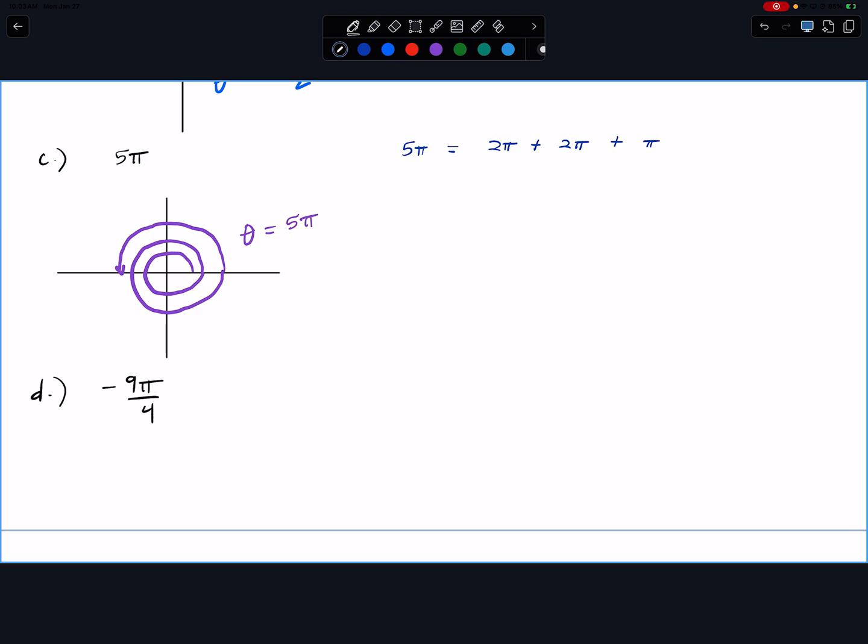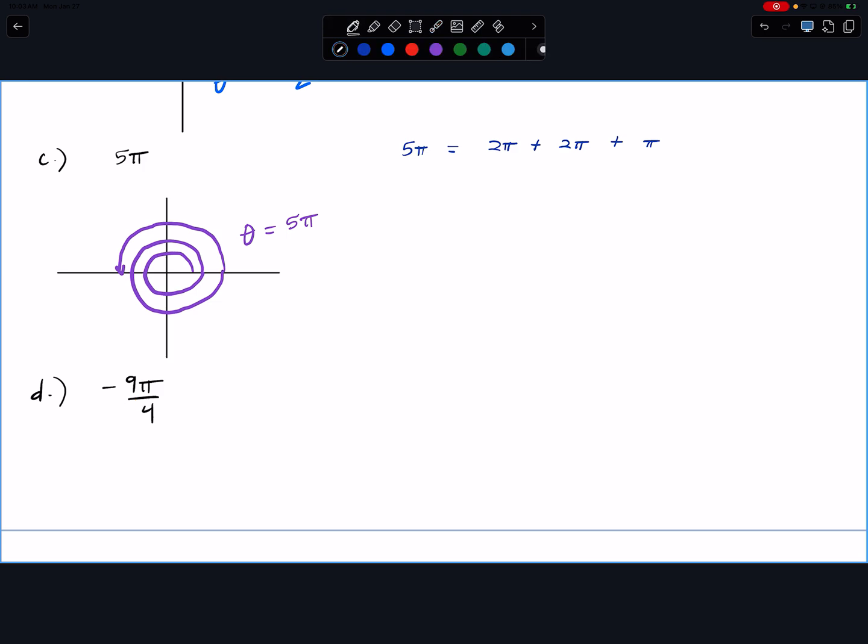It's not. Okay, so negative, I know I need to go backwards, right? So we need to think about, in the negative direction, is this bigger than or smaller than negative 2 pi? Bigger, right? It's more negative than that.